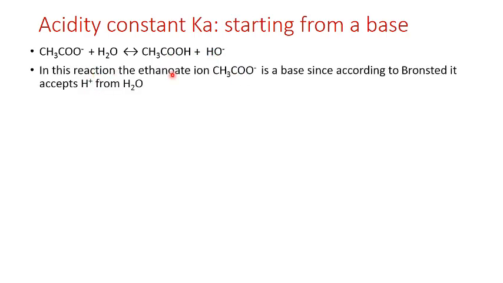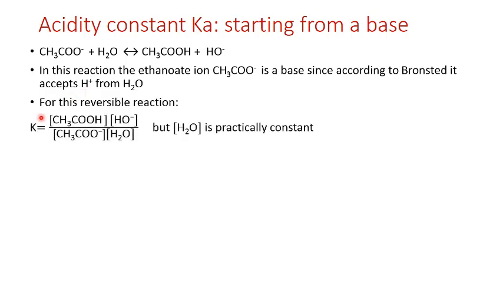In this reaction, as I said, the ethanoate ion is a base, since according to Bronsted, it accepts H plus from H2O. For this reversible reaction, also let's consider it as a normal equilibrium, and let's find the equilibrium constant K. That is an application of the formula: the concentration of the product multiplied by the concentration of the second product.